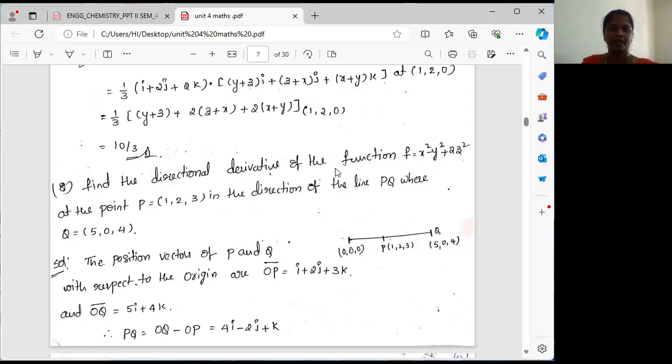We need one scalar and one vector. Along the direction of that vector, we have to find the unit normal vector.